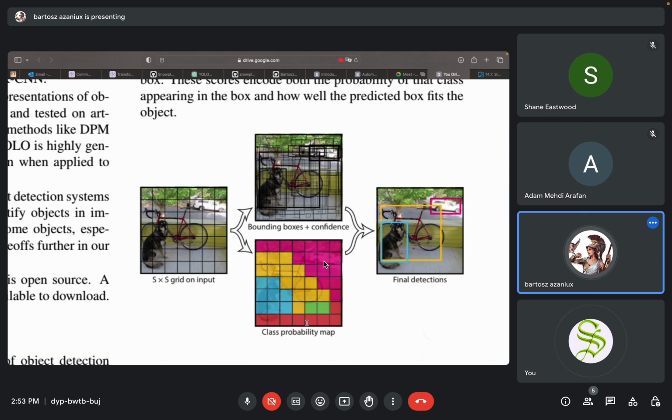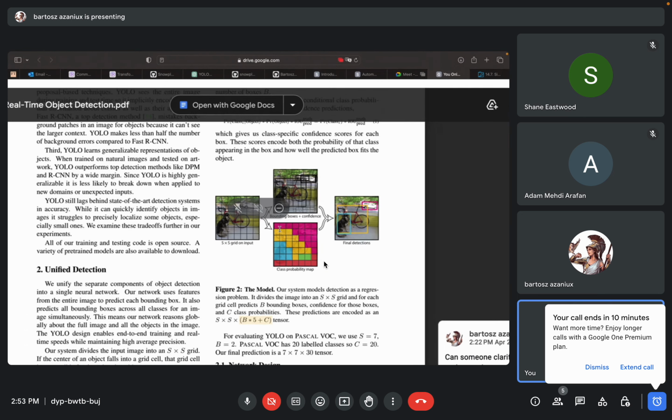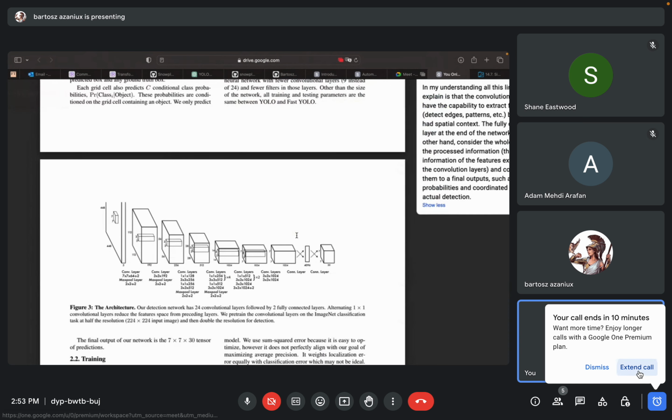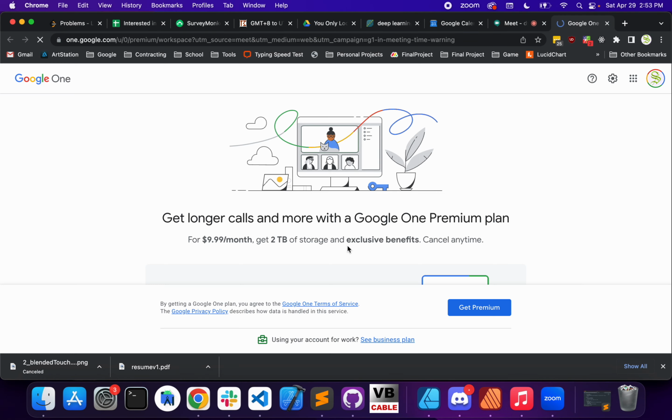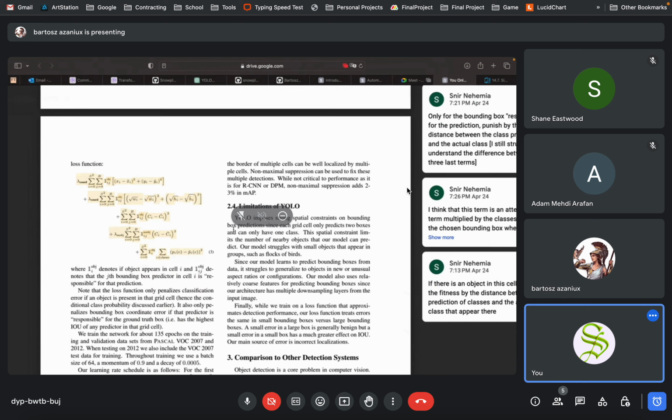Yeah. So also, I think somewhere it mentioned this idea that certain grids, or certain bounding boxes, will become specialized to certain classes. Did you notice that? No. I don't know.